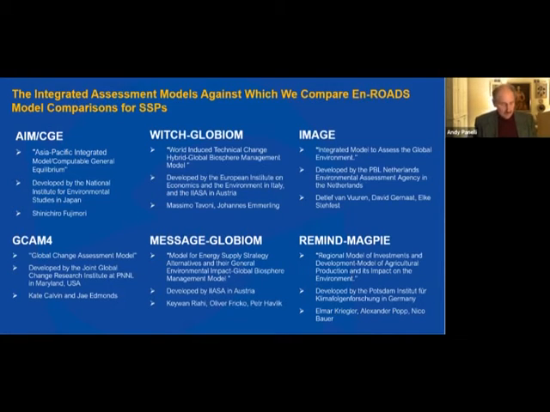So this is a systems dynamic model. It is also what's referred to as an integrated assessment model, and it's calibrated to a half a dozen of those highly reputable recognized supercomputer models. There are different models that are used in different countries, and this model is calibrated to the output of some of those models.